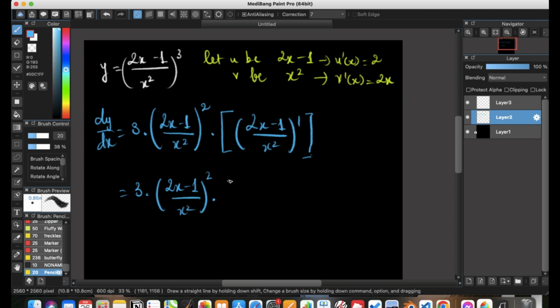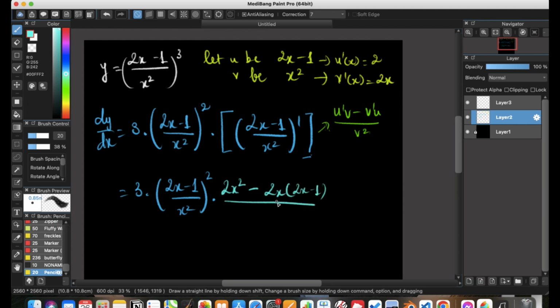So that's going to be u prime v minus v prime u over v to the power of 2, right? So that's going to be u prime is 2v, minus v prime u.